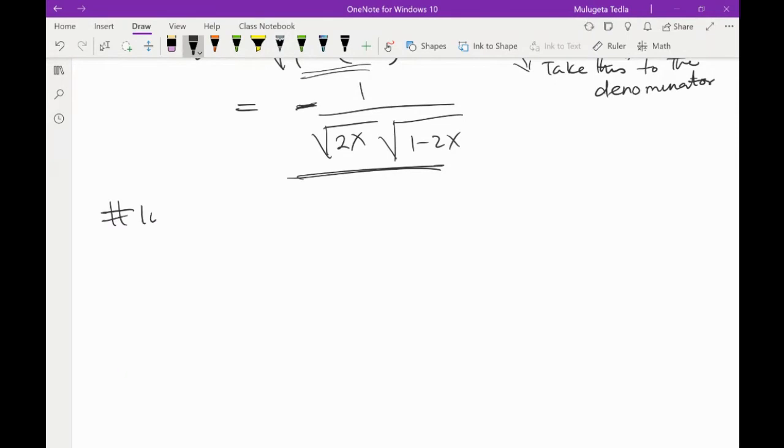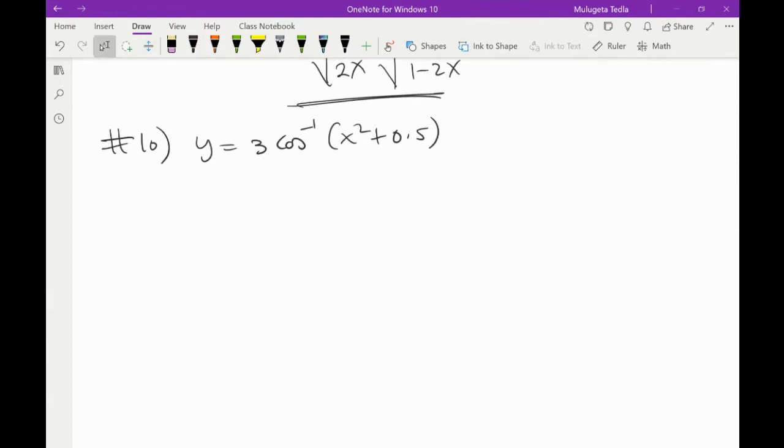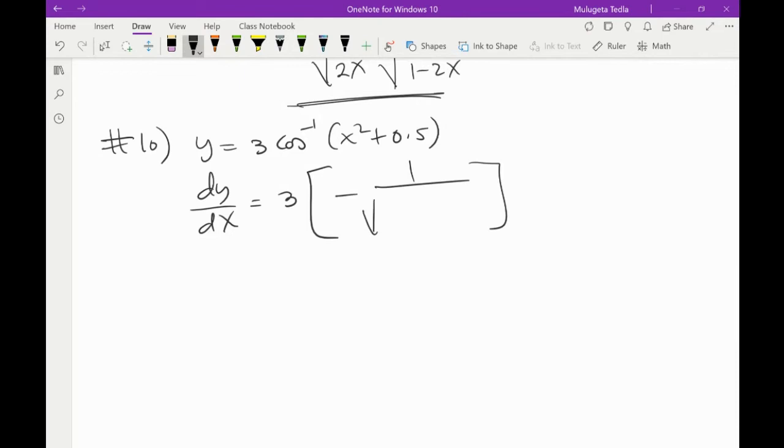So number 10, y equal to 3 cosine inverse of x squared plus 0.5. Of course, cosine inverse has a different derivative. dy by dx would be 3 times the cosine inverse derivative: minus 1 over square root of 1 minus the angle squared, x squared plus 0.5, the whole square, times the derivative of the angle, which is 2x.